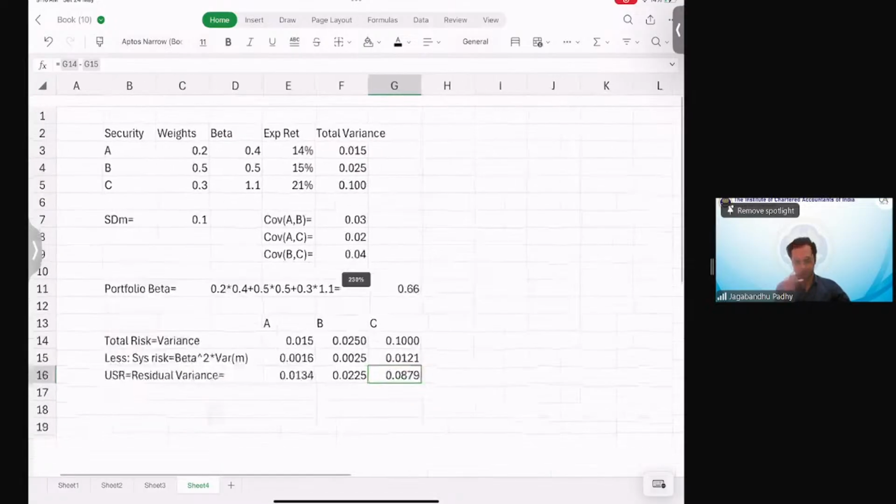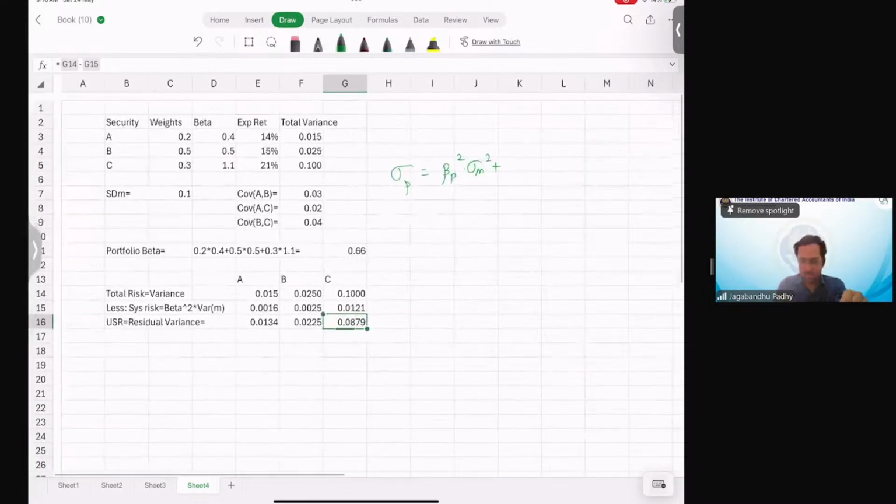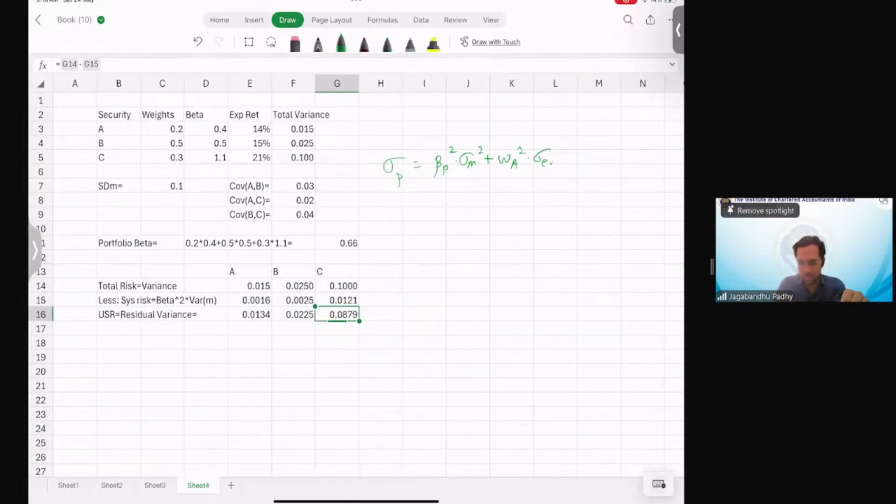Variance of portfolio using the Sharpe index model is beta of portfolio square into variance of market plus, since we have three securities, weight of A square into variance of error term of A plus weight of B square into variance of error term of B plus weight of C square into variance of error term of C. Now I think you should be able to calculate it. Use this particular formula.